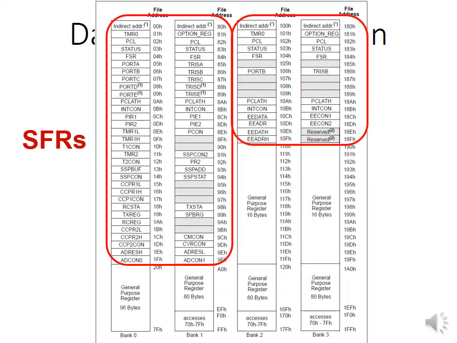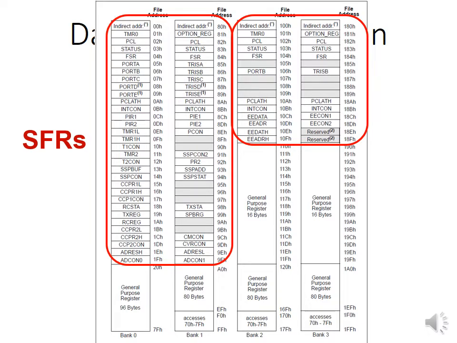The lowest 32 file registers in banks 0 and 1, and the lowest 16 file registers in banks 2 and 3 are SFRs. SFRs are used to control, operate, hold status information, or hold data for a particular functionality or peripheral on the microcontroller.